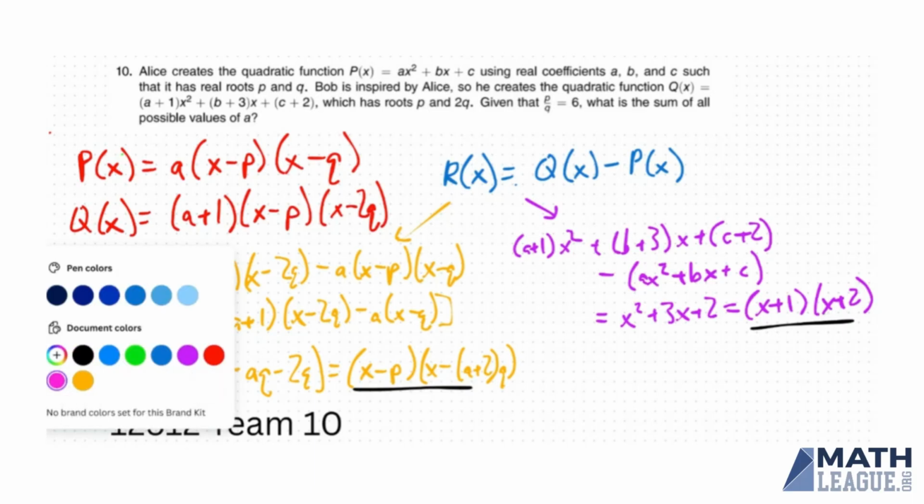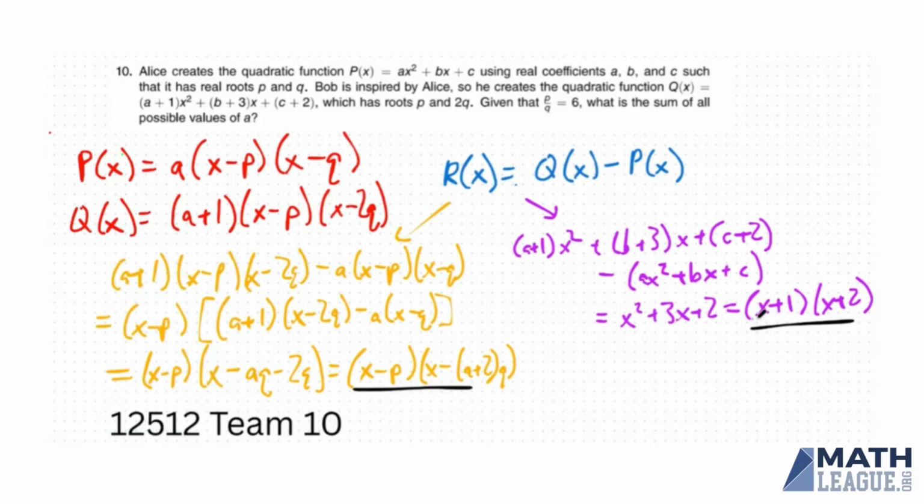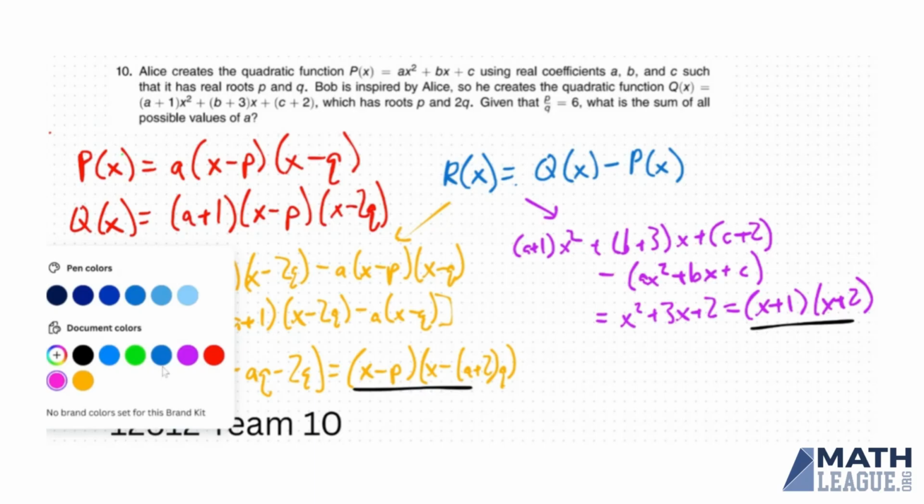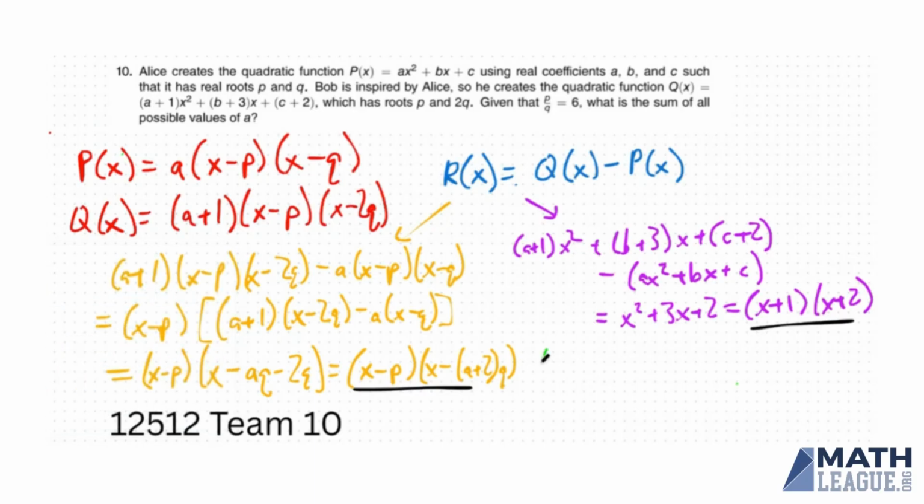The first one is that x minus p is equal to x plus 1. Okay, so if x minus p is equal to x plus 1, then p equals negative 1. Now, note that p over q is equal to 6, so p is equal to 6q, or q is equal to 1/6 of p. So that means that q, in this case, is negative 1/6.